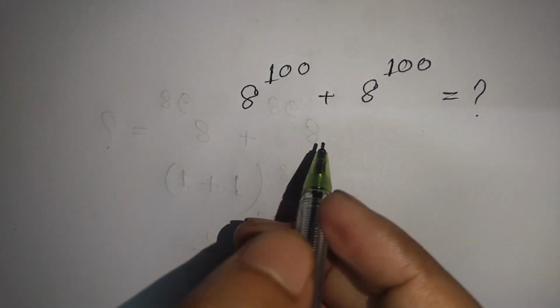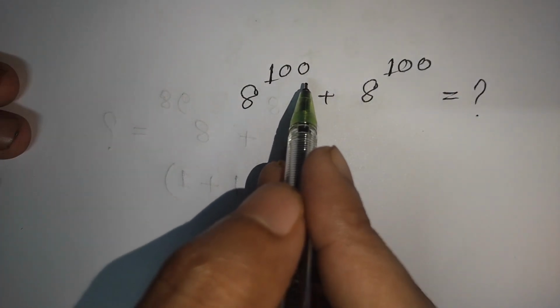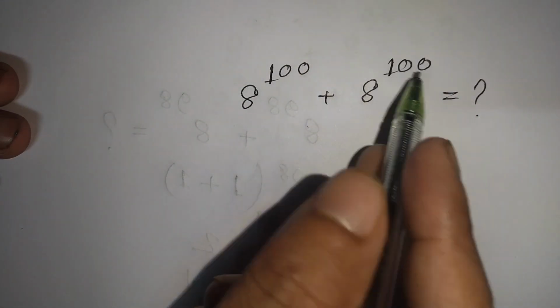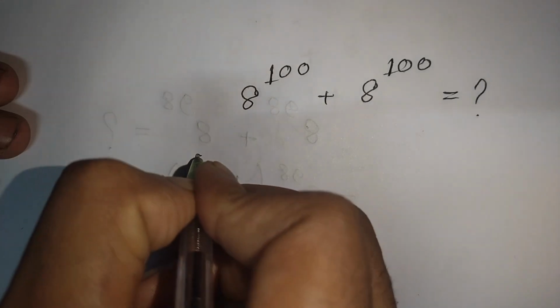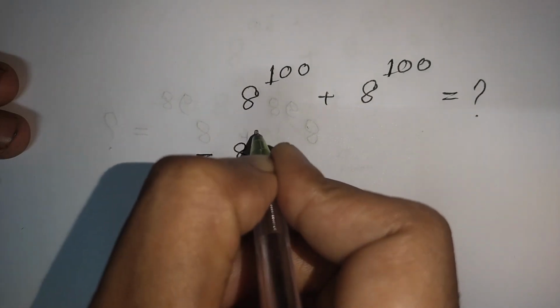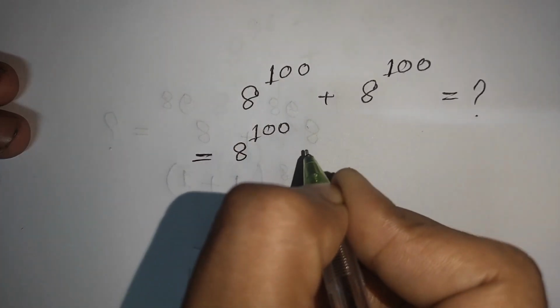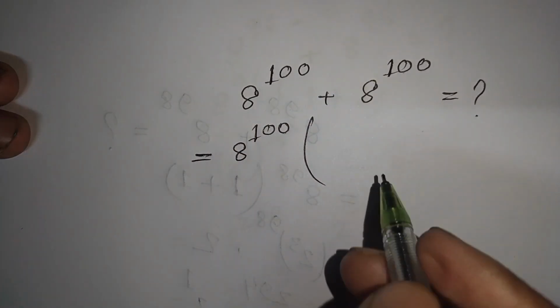Now, how to solve 8 power 100 plus 8 power 100 is equal to what? At first we take common 8 power 100. First bracket is started.